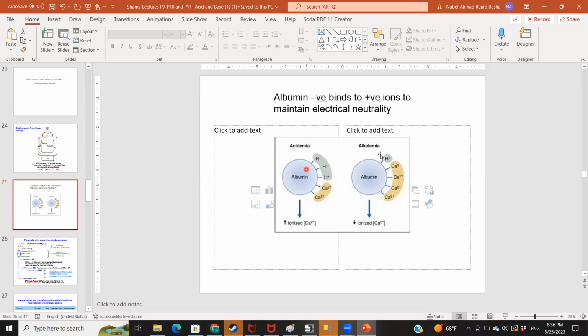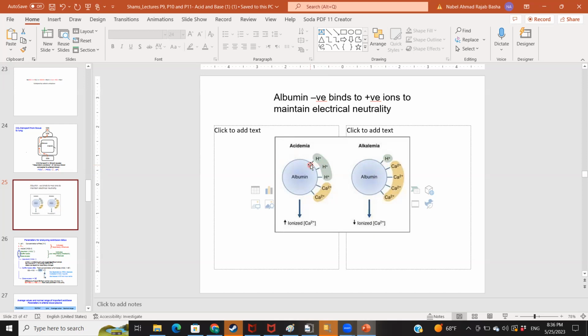And it also works the other way. We want hydrogen to move to the blood, so albumin is going to donate hydrogen and it's going to bind less hydrogen. As you can see here, we have only one hydrogen in comparison to the state of acidemia, where we have 3 hydrogen. So albumin is a buffer and it controls our pH.